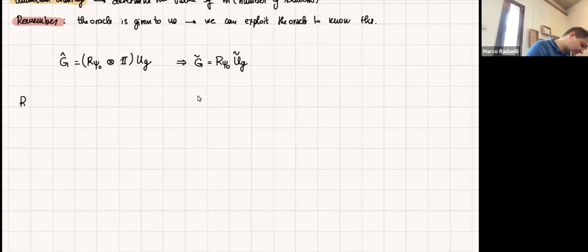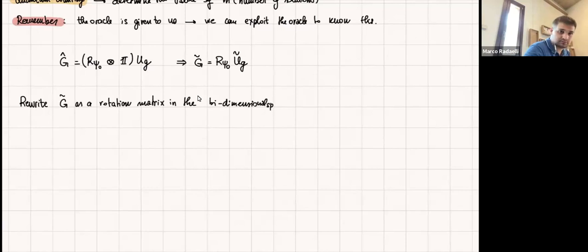So we can rewrite G tilde as a rotation matrix in the bidimensional space spanned by S and S naught, which is orthogonal.